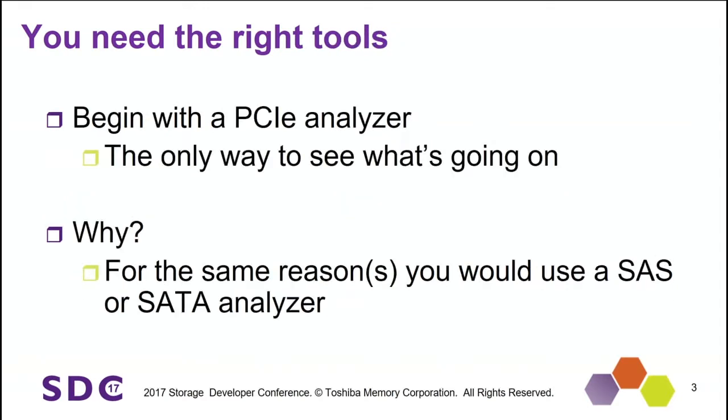Anyway, some of the tools you need. You need an analyzer. A PCI Express analyzer is really the only way to do this stuff. If you've done storage stacks before, you know just how valuable it is to have a SAS or SCSI or SATA analyzer when you're dealing with file systems. Whether you're developing a file system stack or a device itself, all the same things apply.